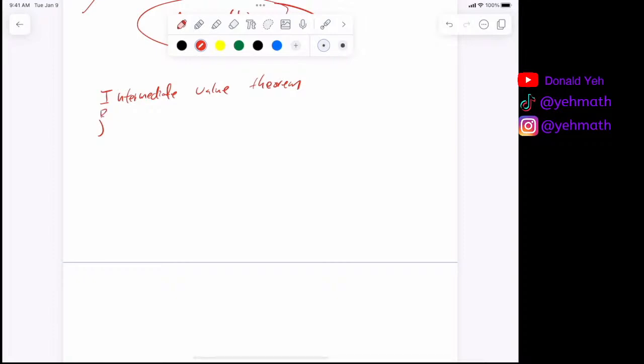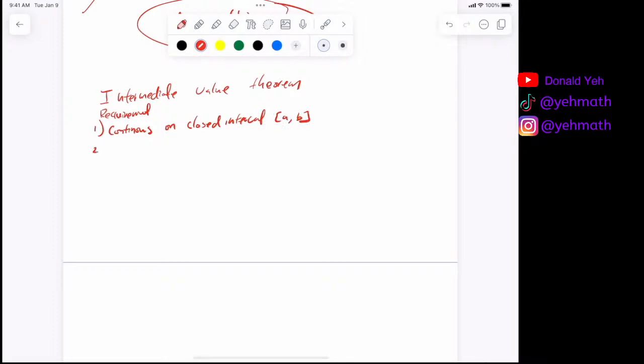The requirement is this. The first requirement is that it must be continuous on a closed interval between A and B.